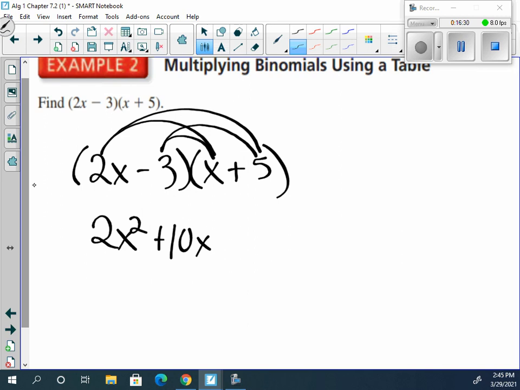Now we can go the other direction. Negative 3 times x. Well, negative 3 times 1x would be negative 3x. And lastly, negative 3 times positive 5. Negative times a positive is a negative, and 3 times 5 is 15. Questions on this here?